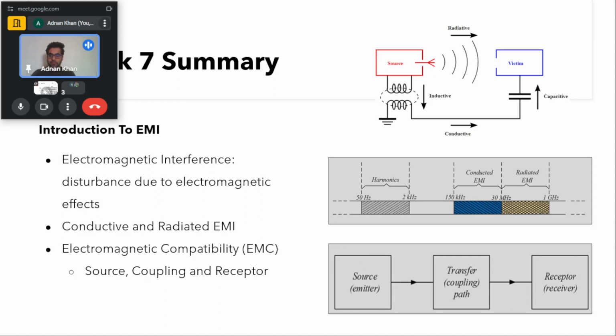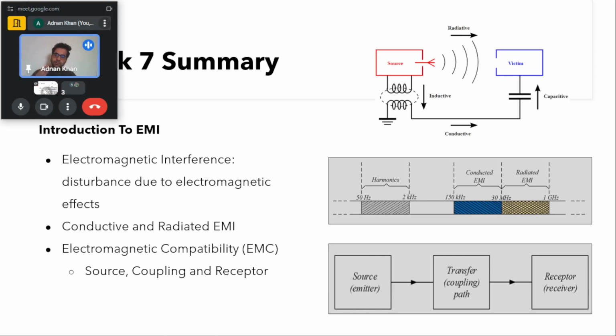But if the EMI is still getting produced at the source, the other thing is the coupling means, or the transfer path from the source to the receptor. We want a higher resistance to that EMI, so that it may not reach from the source to the sink or the receptor. Our coupling path should produce a high amount of attenuation to this EMI, so that it may not affect other parts or components.